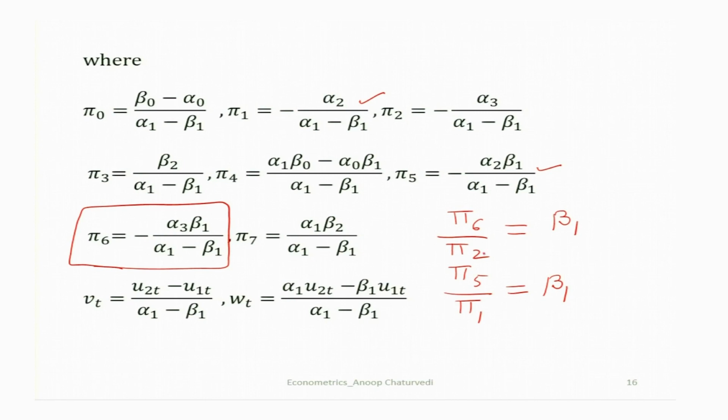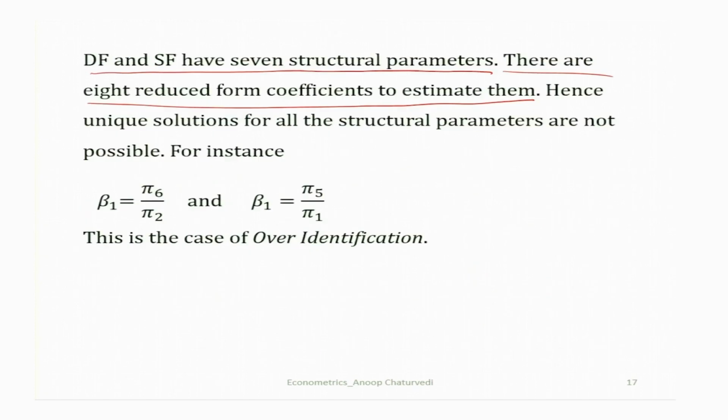So, on the basis of estimates of reduced form coefficients, suppose you want to estimate the structural parameters, then you have more than one estimate for beta 1. So, this is the problem of over identification.